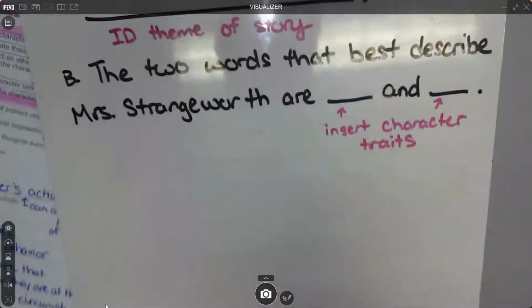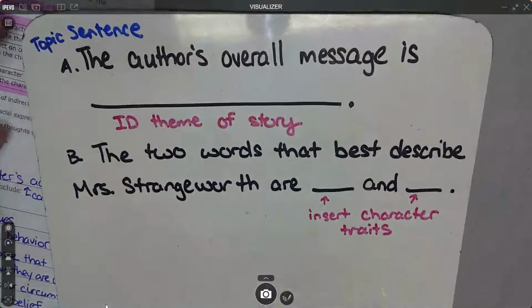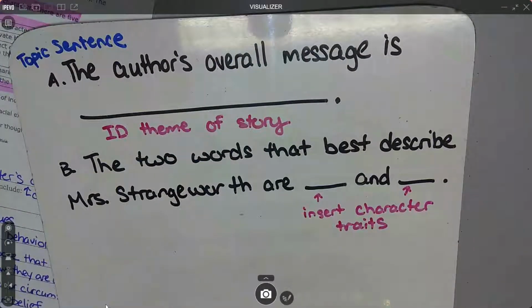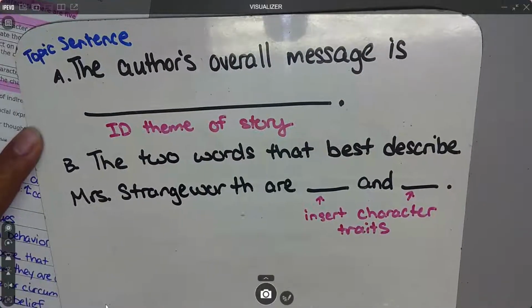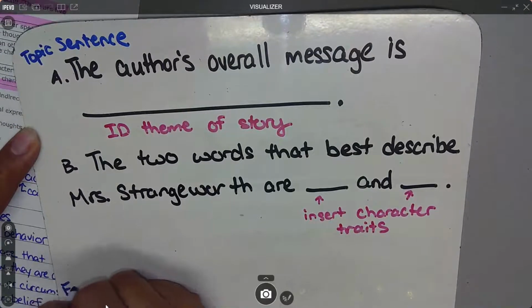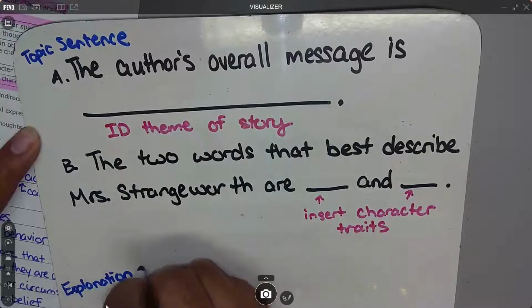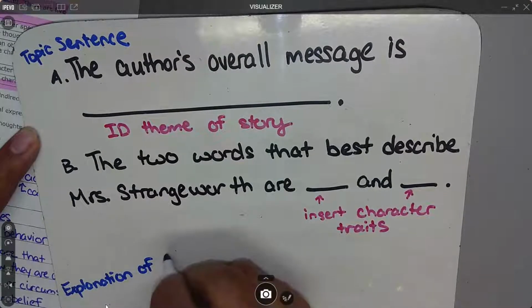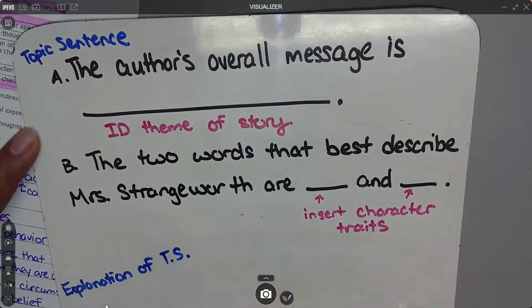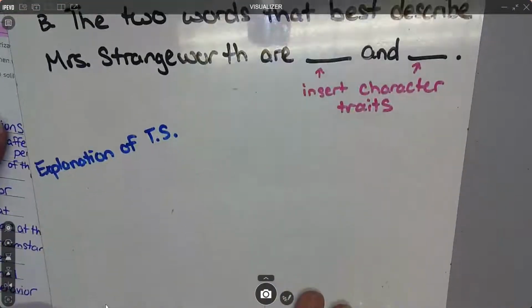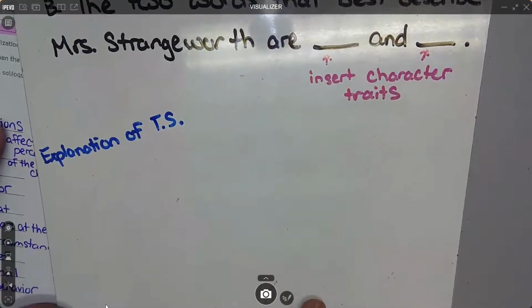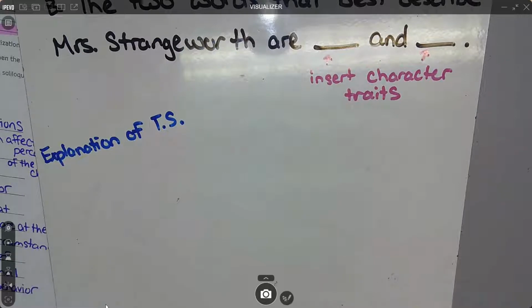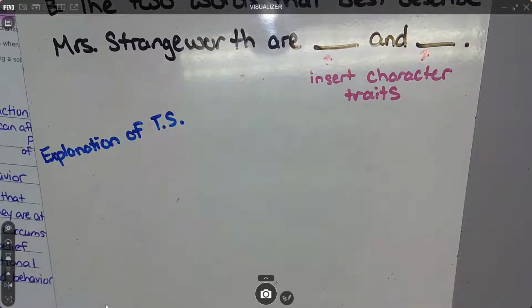Now, for your explanation of topic sentence, that is also going to vary based on which of the two prompts you are doing. So I'm going to write explanation of topic sentence here so that that is labeled, and then we can look at what we might put for our theme one.